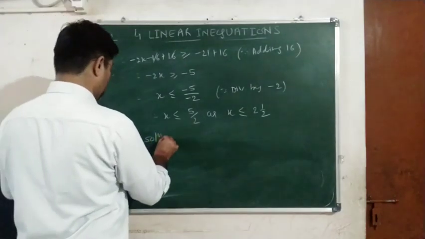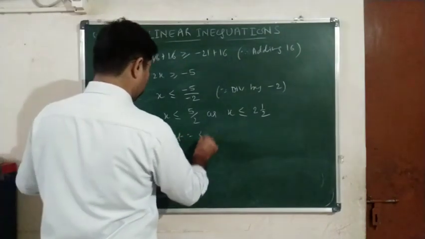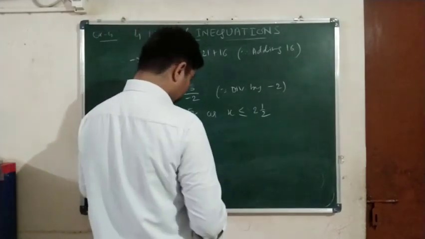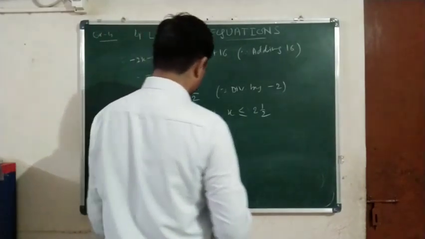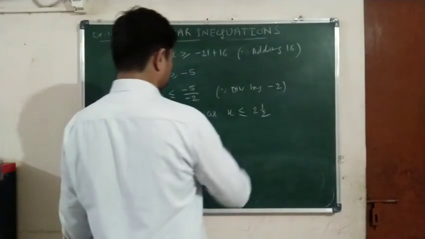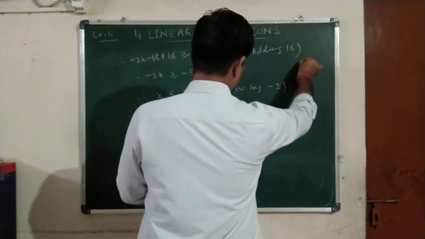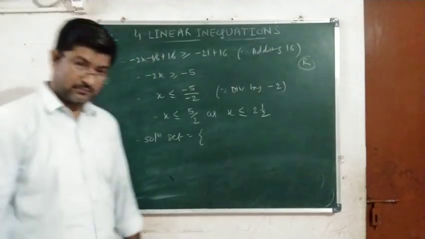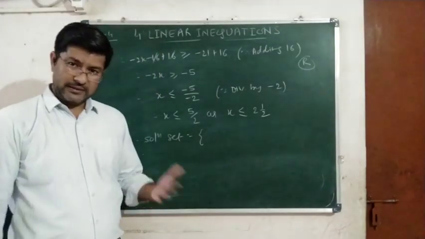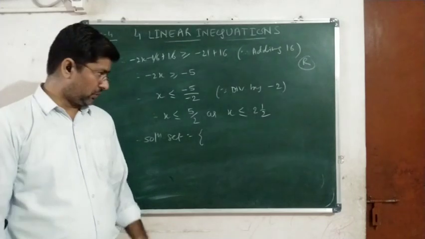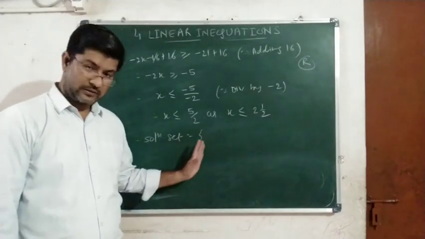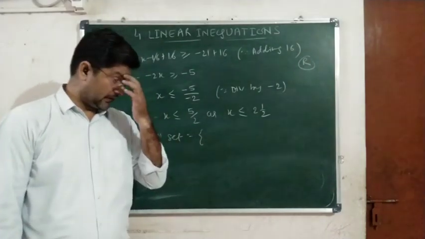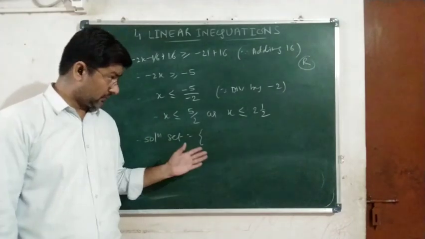Therefore, solution set: x is less than or equal to... now remember that in this case our replacement set is R, that is the set of real numbers. Real numbers include integers as well as decimals, so we cannot write all the values or numbers.